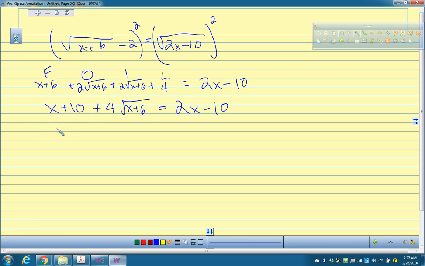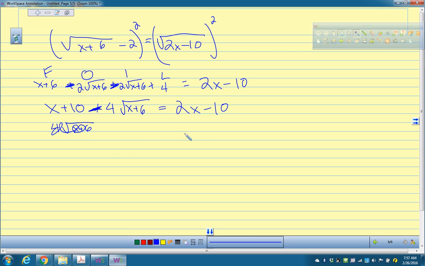I get 4 square root of x plus 6. Jessica, what? If it's negative 2, wouldn't it be minus 2 root of x plus 6? Oh, yeah. That's minus, maybe that's what I did. That's minus.